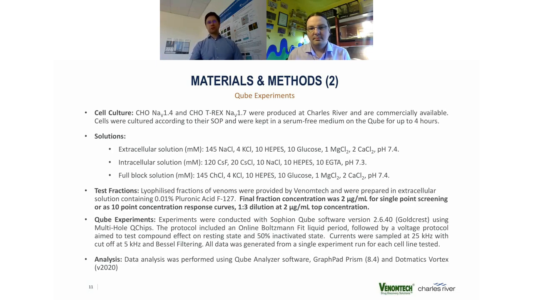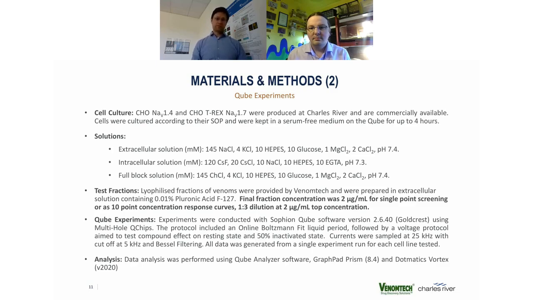We used a final fraction concentration of 2 microgram per mil for both the single point screening for hit finding and also as the top concentration for our concentration response phase. We ran all the experiments with Goldcrest, which is the latest version of the Sophion software.